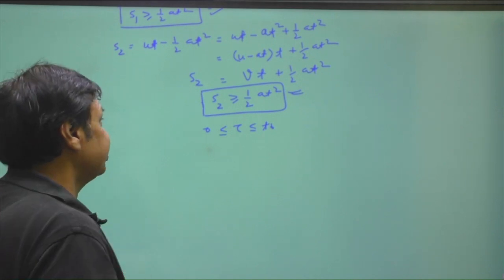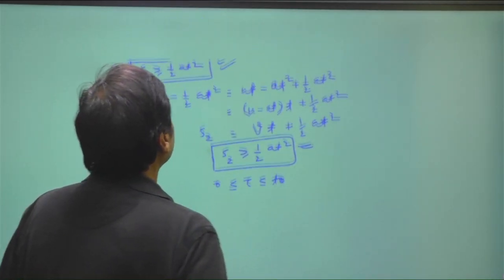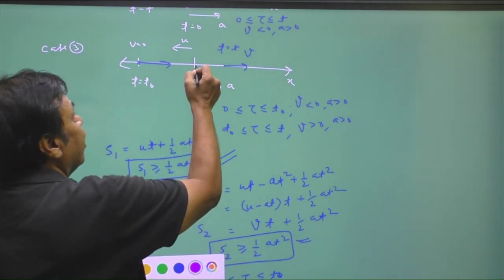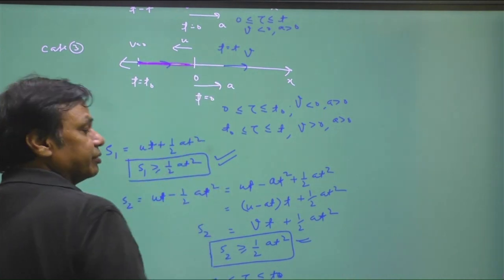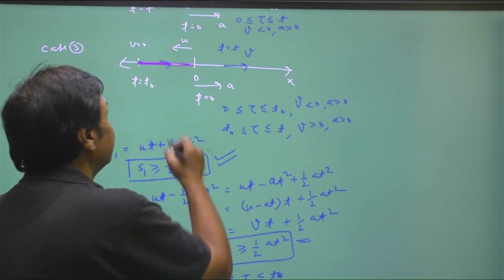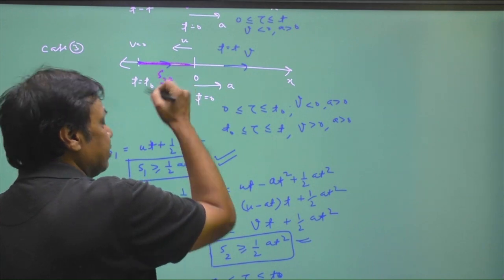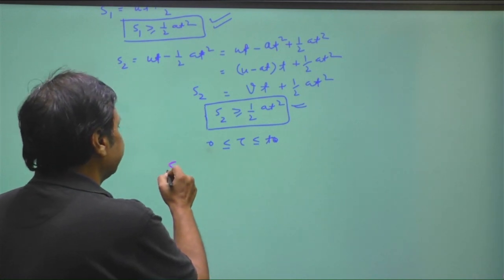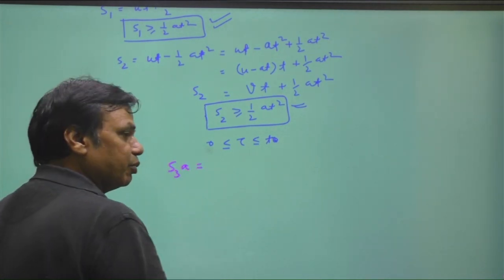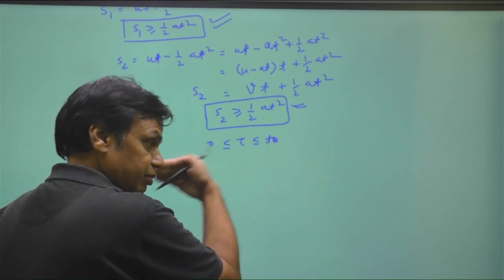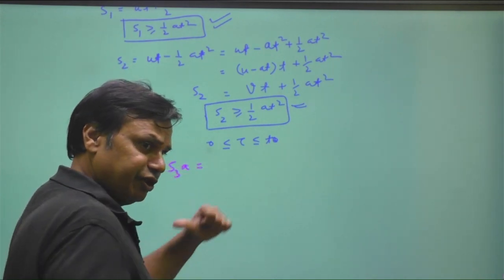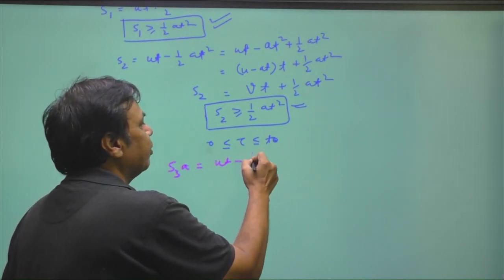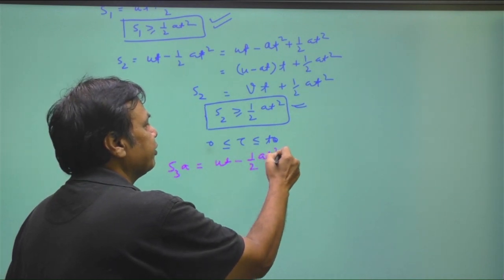And in this condition, since it travels a distance, I am going to call this S3A, part 1 of S3, and I can write here S3A equals, because this is in this direction and u is also in this direction, I can write ut minus half at square.